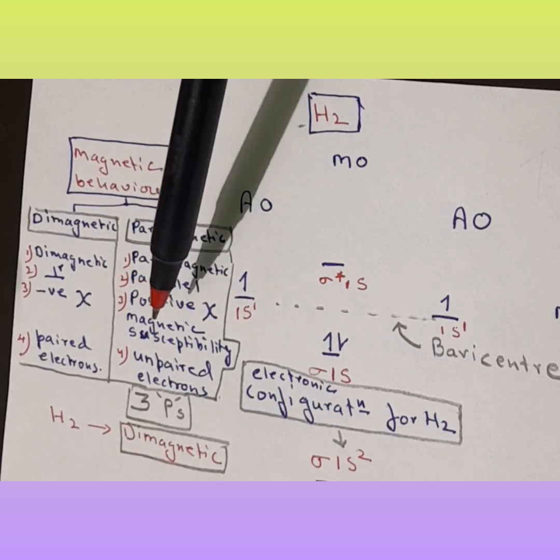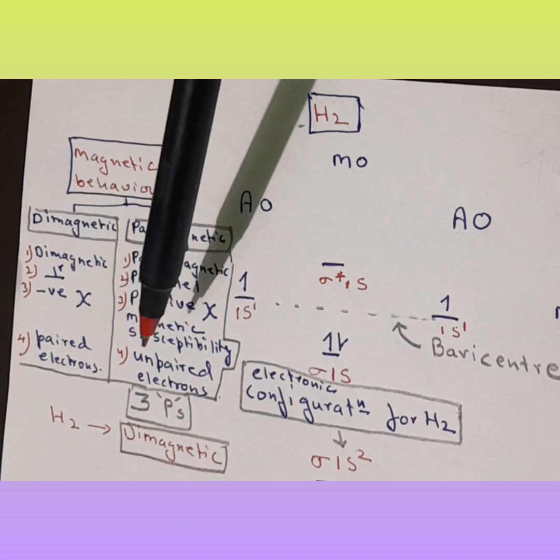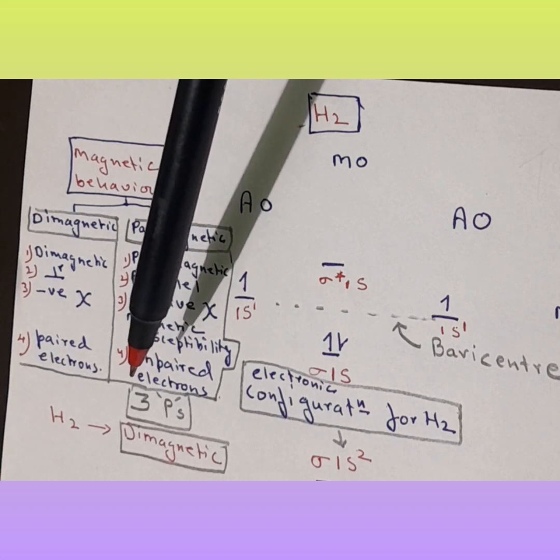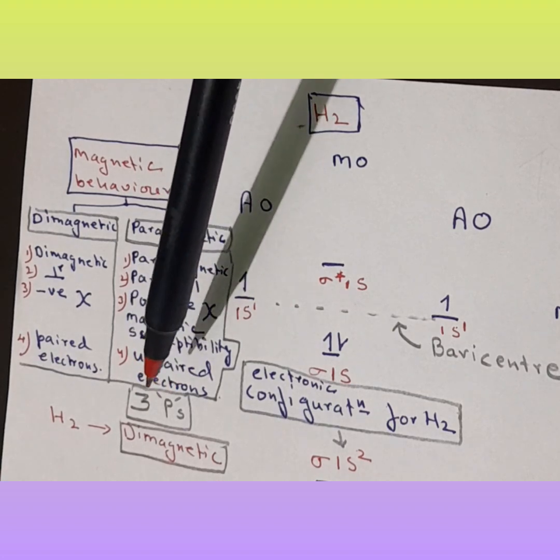Regarding susceptibility, I would be talking later on when I deal with magnetism. And it concludes that it has unpaired electrons in its configuration.